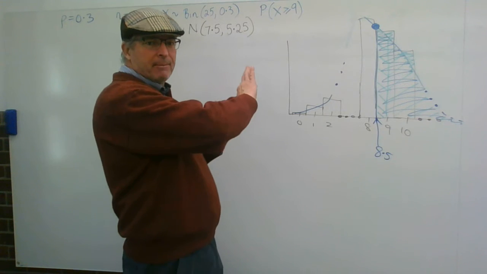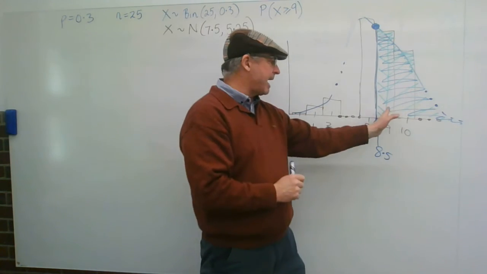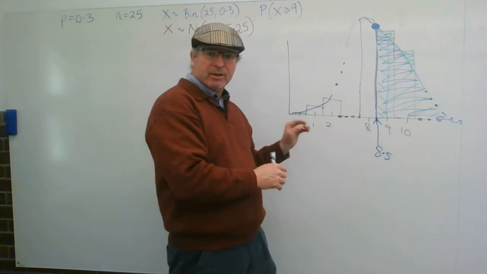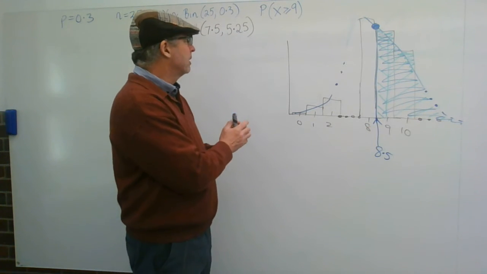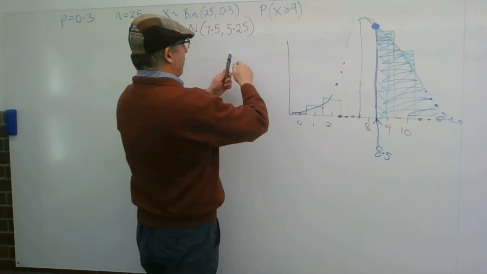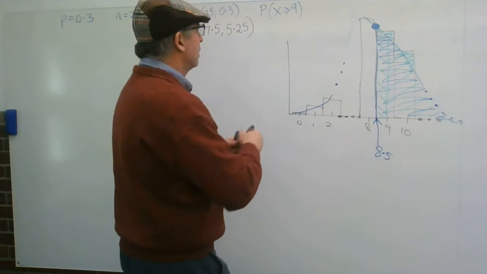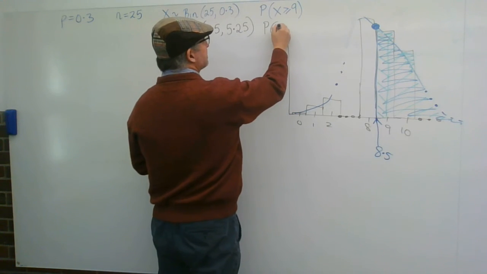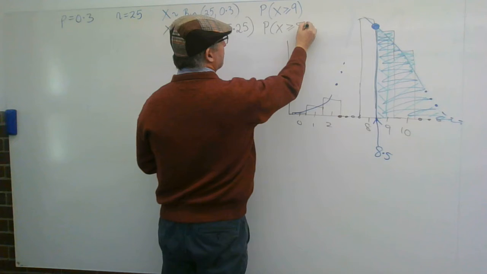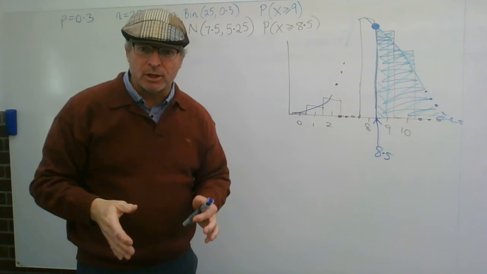If you're going bigger than or equal to, then you need to jump back by 0.5 so you can include the whole column. So I'm trying to find, in the normal distribution, the probability that x is bigger than or equal to 8.5. And that's known as a continuity correction.